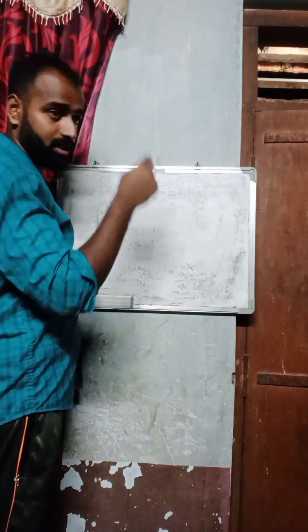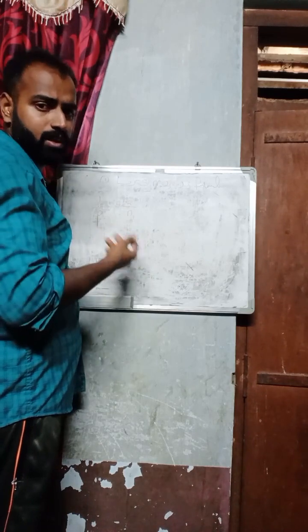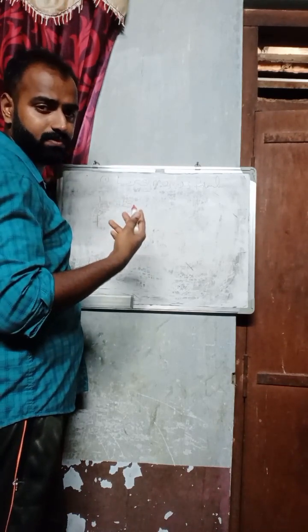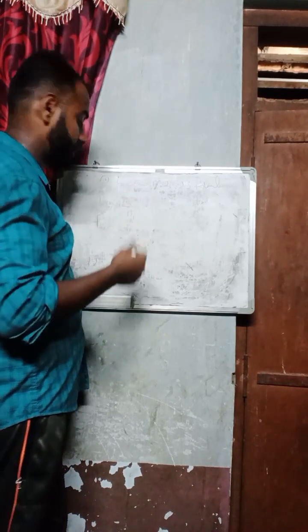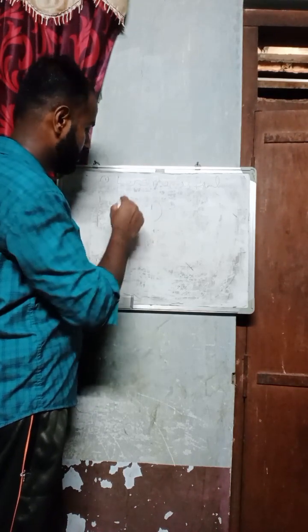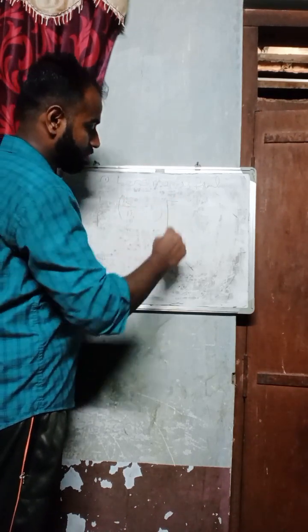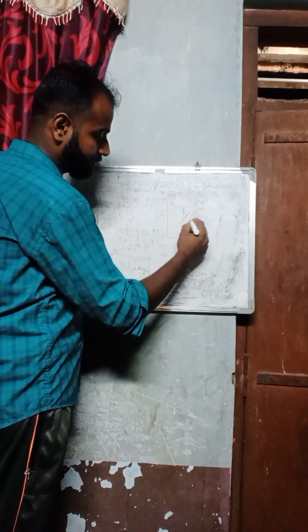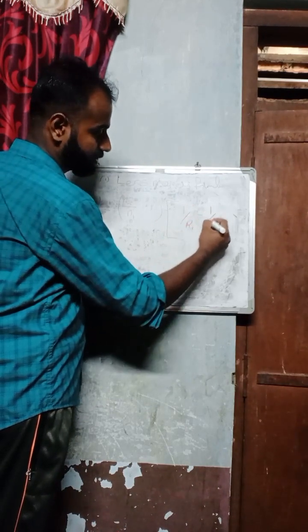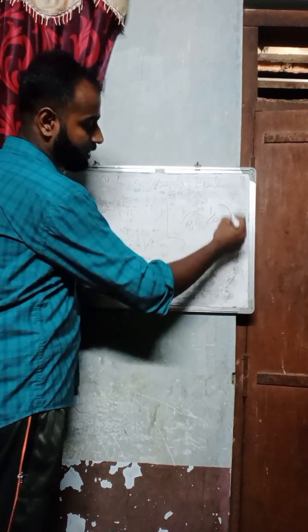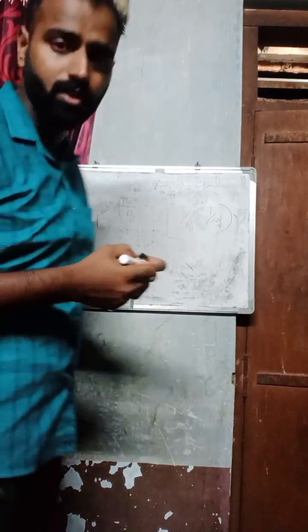So N2 is the refractive index of the lens material. N1 is the refractive index of the surrounding medium. And 1 by r1 and 1 by r2, r1 and r2 are the radii of curvature.